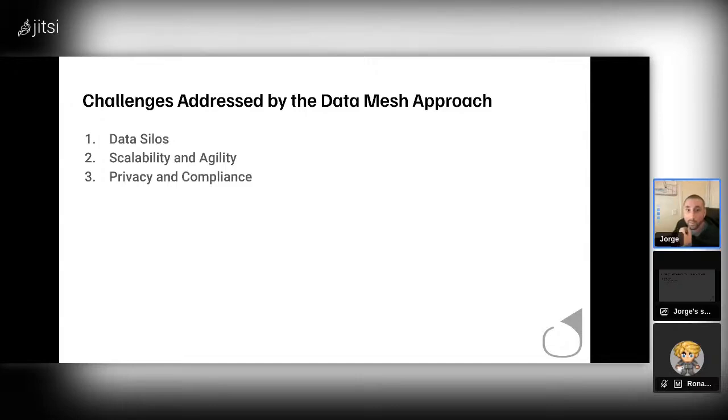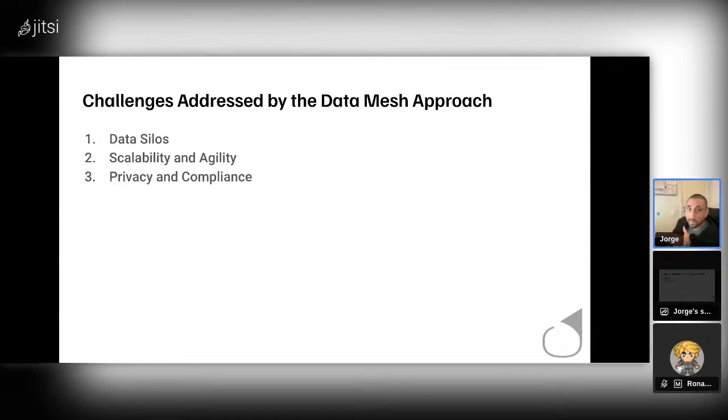With data mesh, these silos break down because each domain owns and shares its data as a product that others can access and understand. By decentralizing data, data mesh ensures that insights flow freely across the organization, empowering teams to make better data-informed decisions.